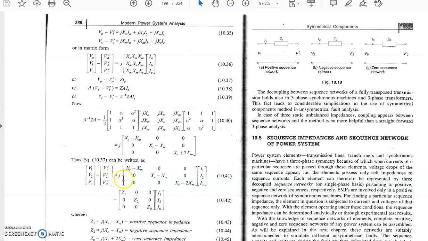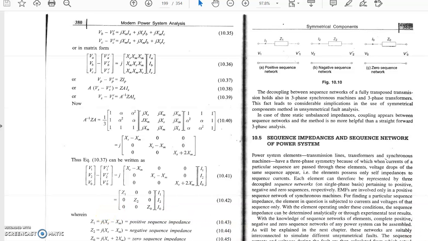It will equal Z [xs minus xm, 0, 0; 0, xs minus xm, 0; 0, 0, xs plus 2xm] times I1, I2, I0. Or we can write it as Z1, Z2, Z0, I1, I2, I0, and V1 minus V1 dash, V2 minus V2 dash, V0 minus V0 dash.